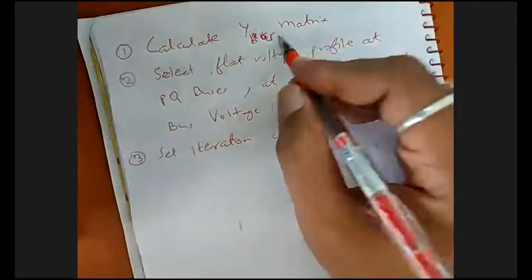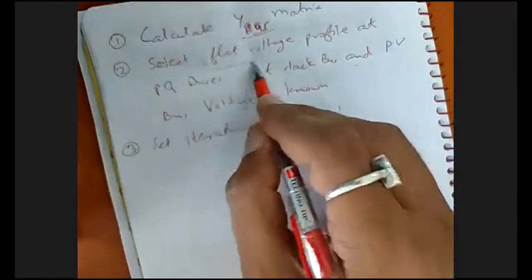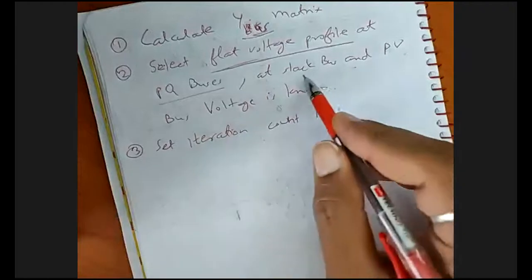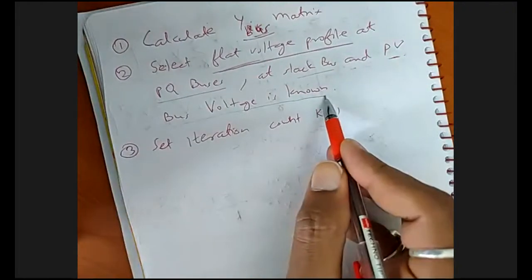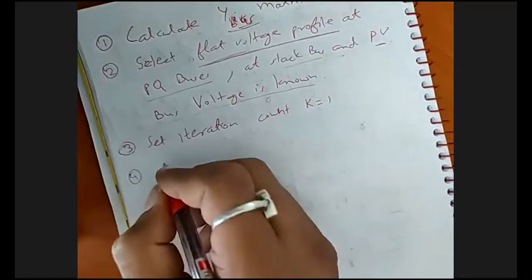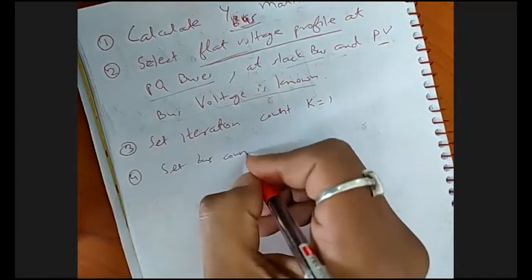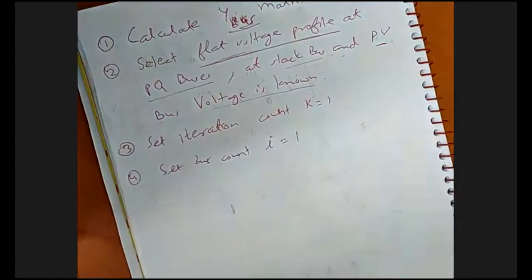So first we will calculate Y bus for the system, and then we will select a flat voltage profile at PQ buses, and at slack buses and PV buses, voltage is already a known quantity. So we will set iteration count to 1, then set bus count i equal to 1.